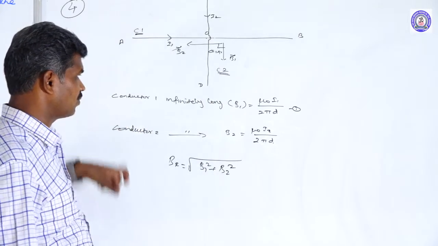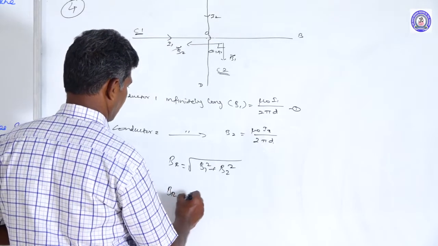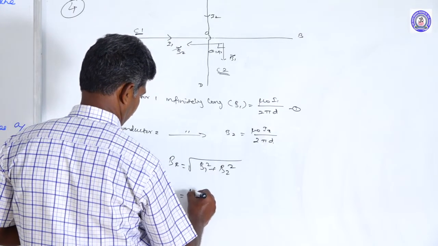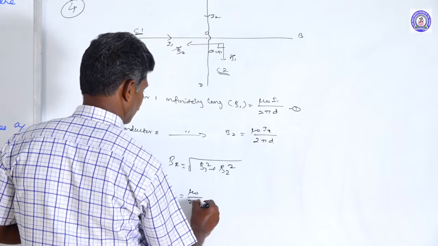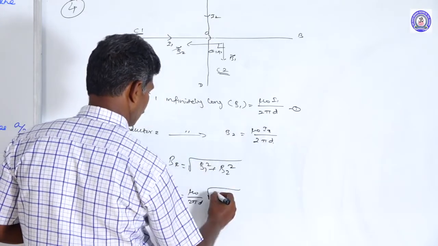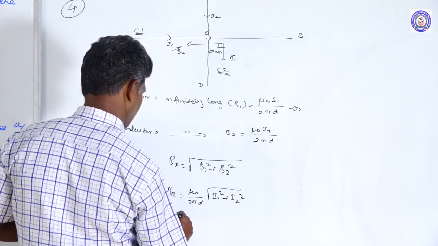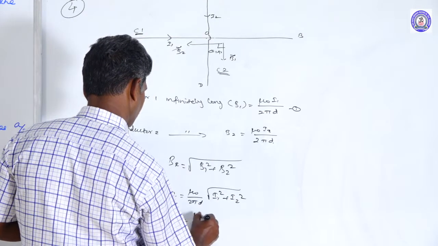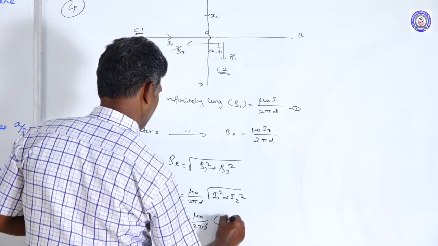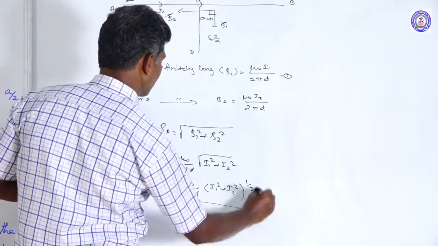Here the common factor in both formulas you can take out. BR is equal to the common value mu naught by 2 pi d, and the square root of I1 square plus I2 square. That's why BR is equal to mu naught by 2 pi d of (I1 square plus I2 square) power 1 by 2. This is our answer.